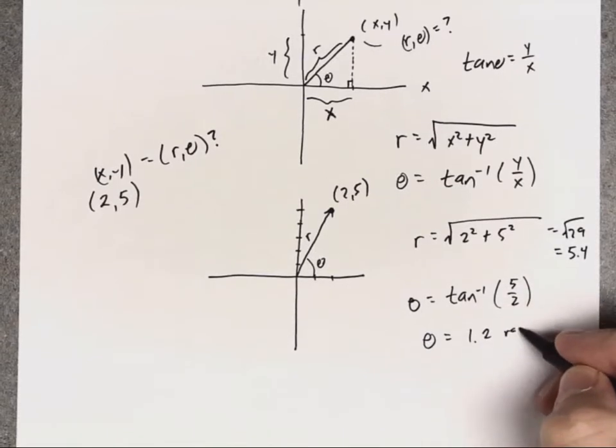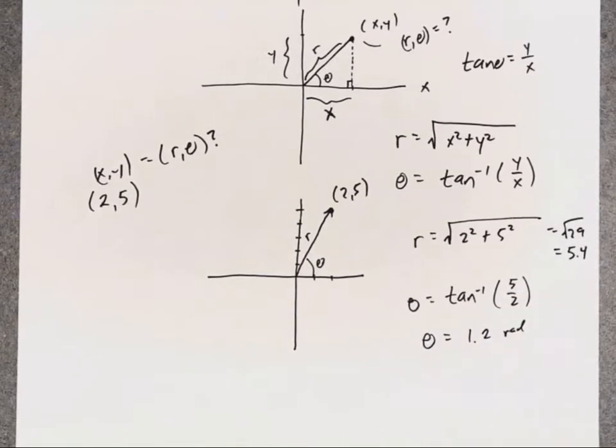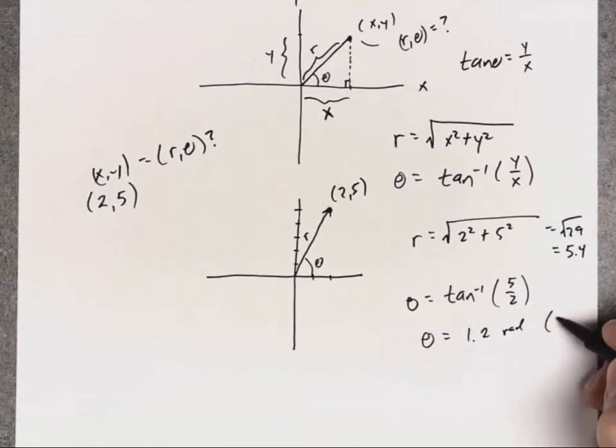1.2 radians. And just for fun, let me do it in degrees to see if it makes sense. I have a better feel for degrees. So 5 divided by 2 equals inverse tangent 68.2 degrees, which looks about right.